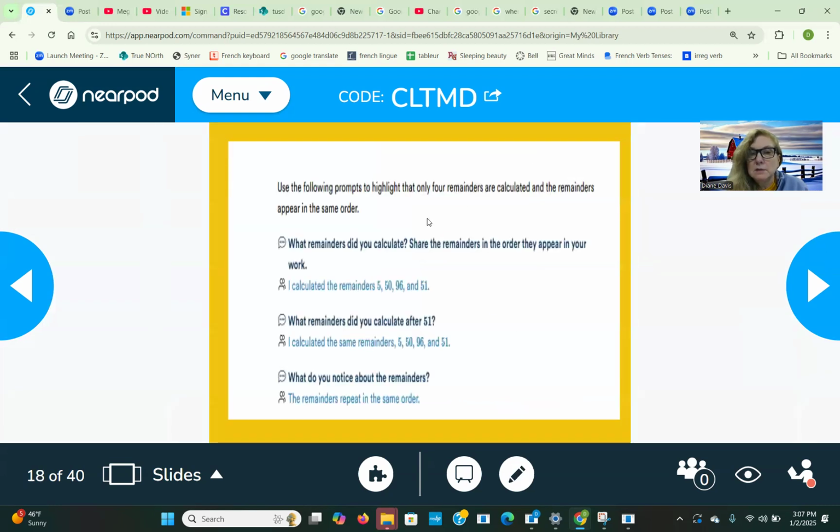All right, so here are some things you might have said. What remainders did you calculate? Share the remainders in the order they appear in your work. I calculated the remainders 5, 50, 96, and 51. What remainders did you calculate after 51? The same remainders, 5, 50, 96, and 51.